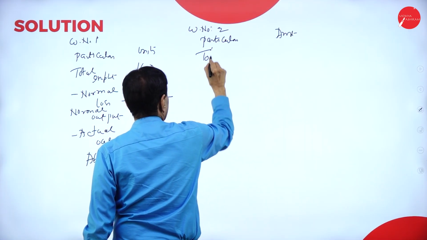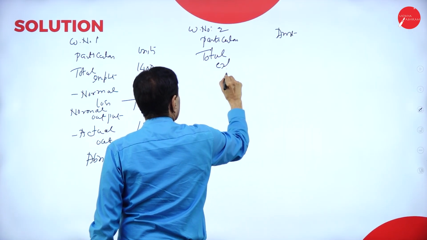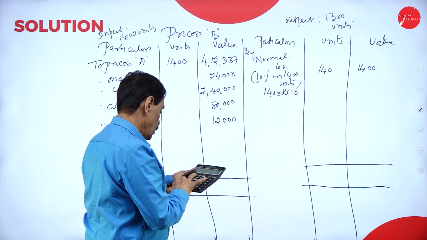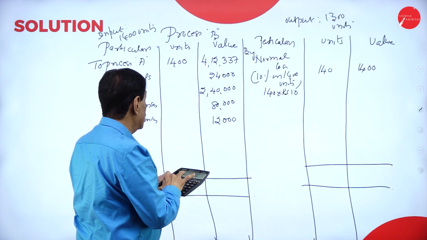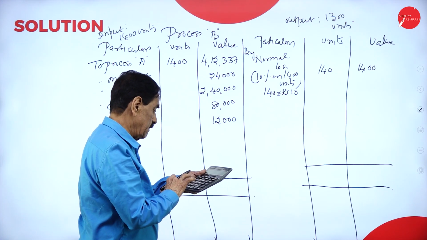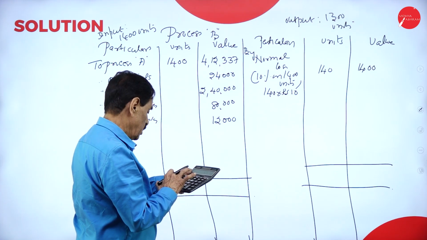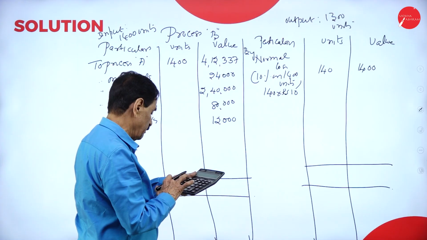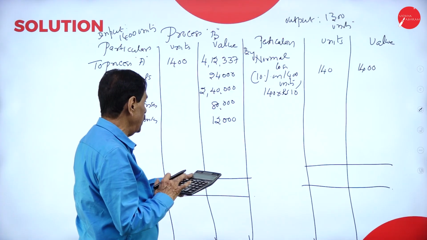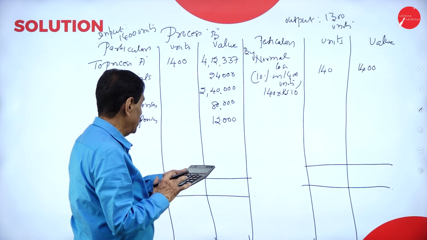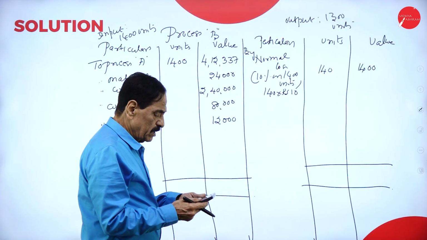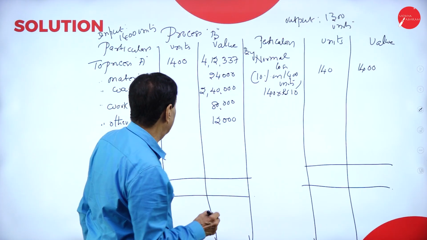Total expenses: 4,12,337 plus 24,000 plus 2,40,000 plus 80,000 plus 12,000 is equal to 7,68,337.